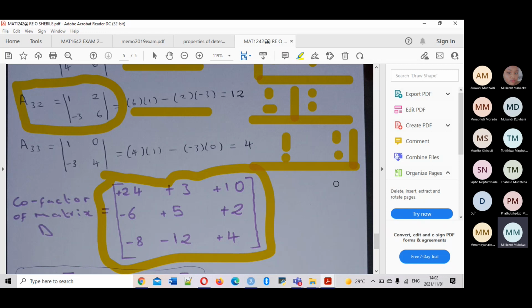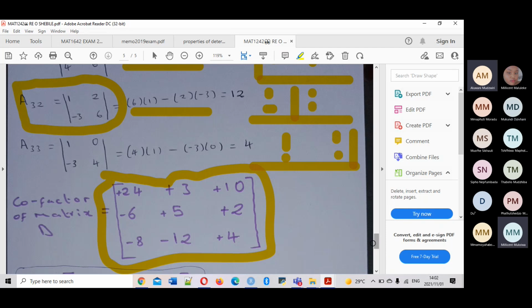Guys, please respond. Do you have those numbers? Don't check the sign, just check the numbers. I will tell you what happens to the sign. It means now you have learned something new with the cofactor. How do we find the cofactor also? Yes, I got the same numbers. You got the same numbers, né?